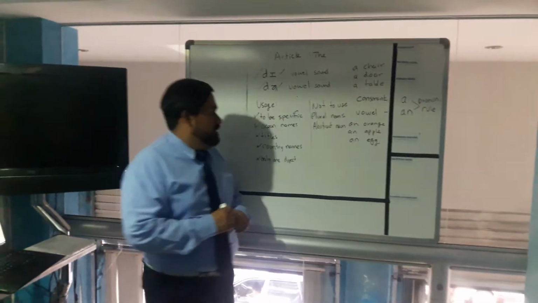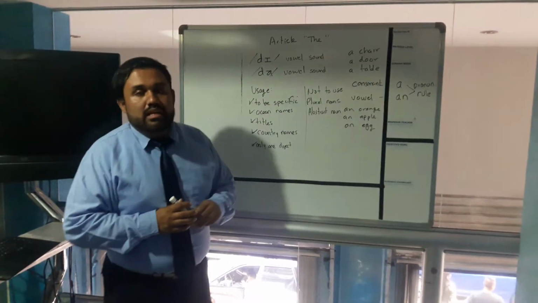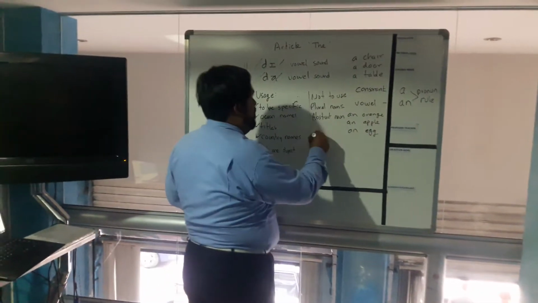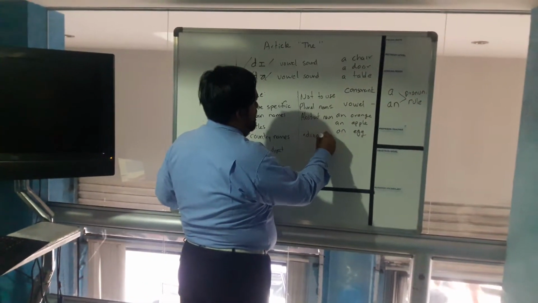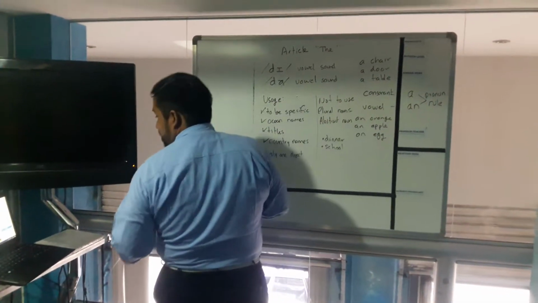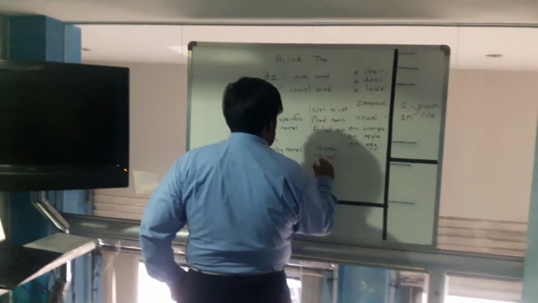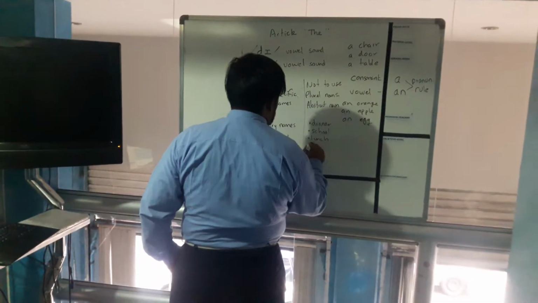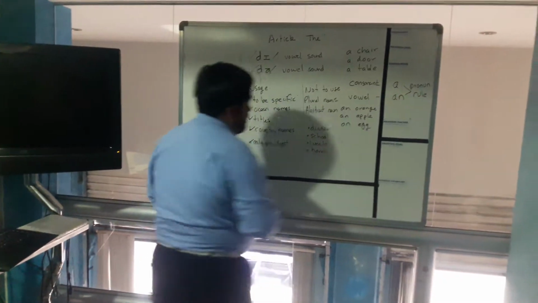And there are other words, like for example, there is a bunch of words that you can't use it with. Like for example, the word dinner, okay, school, lunch, and home, okay?